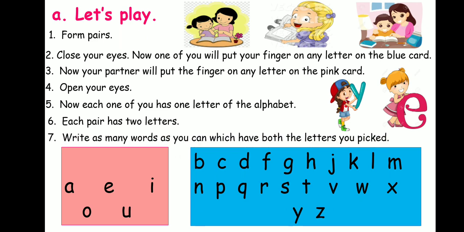After that, you will write as many words as you can which have both the letters that you have picked. Now here we have picked Y and E. So using Y and E, you are going to write as many words as you can. And this is called word formation or forming words.